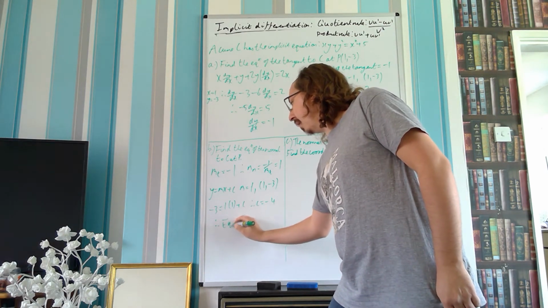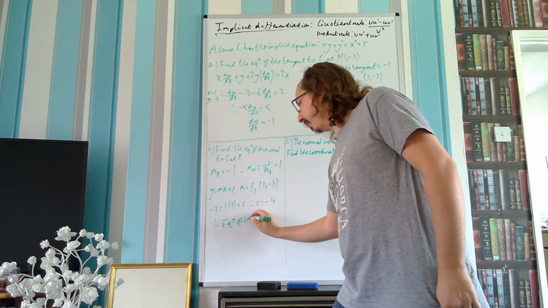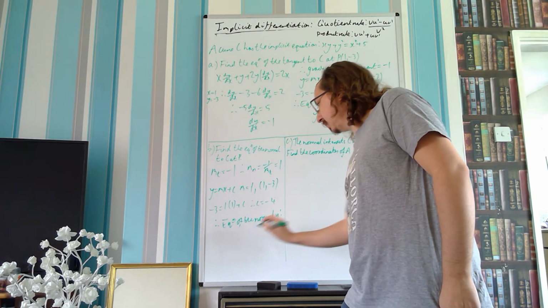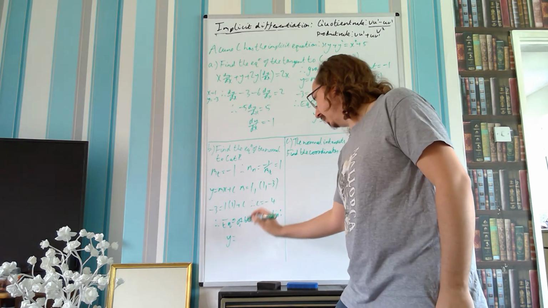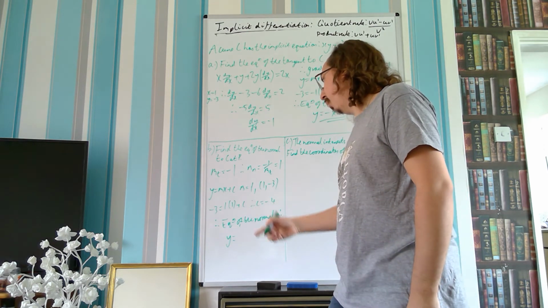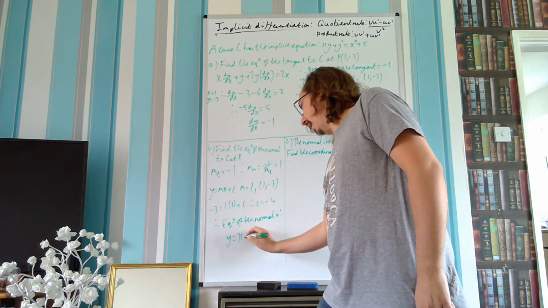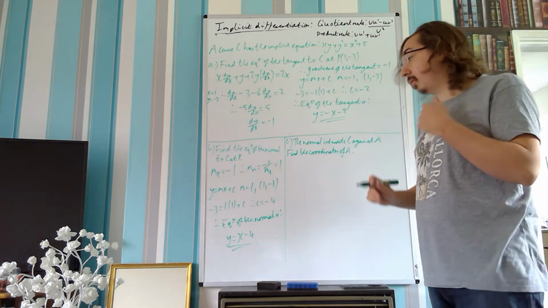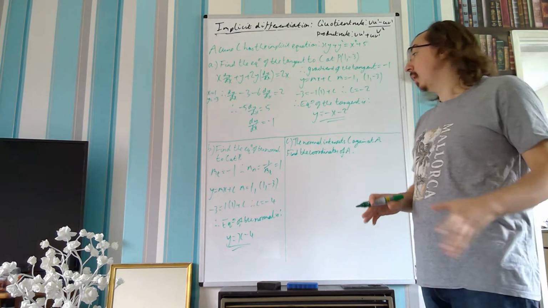So therefore our equation of the normal is y equals 1 for our m, so we can just put x minus 4. So that's our equation of the normal.